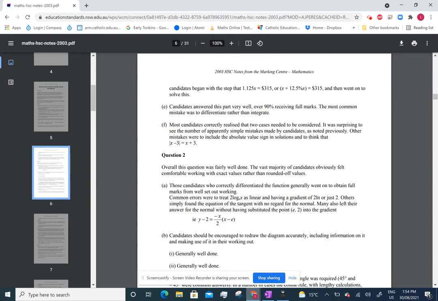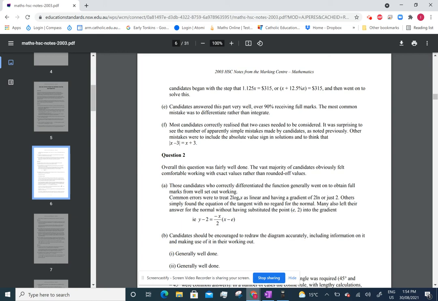And here it is. They don't give you the solution here, they put something else in, but they write about what happened. Those candidates who correctly differentiated the function generally went well. Common errors: treating 2 ln x as linear, halving the gradient. Others simply found the equation of the tangent and did not find the normal.